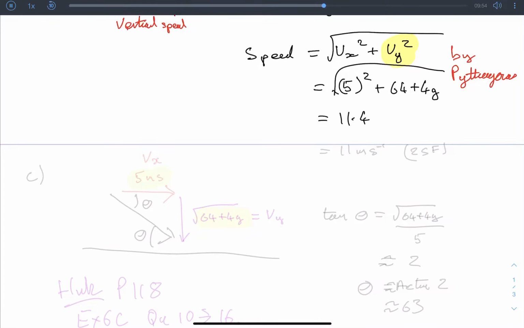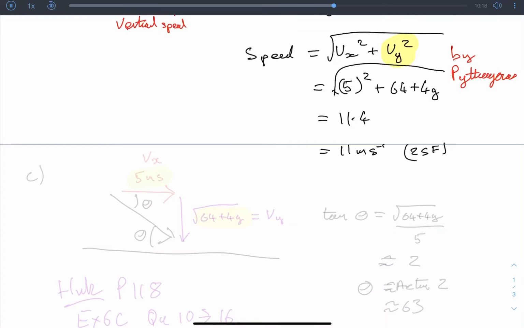Again, you can check that on the calculator. Because we're working with gravity, the answer shouldn't really be given to more than two significant figures. So in the end, it looks to me like that will round to 11 metres per second to 2 SF. But again, check the detail.